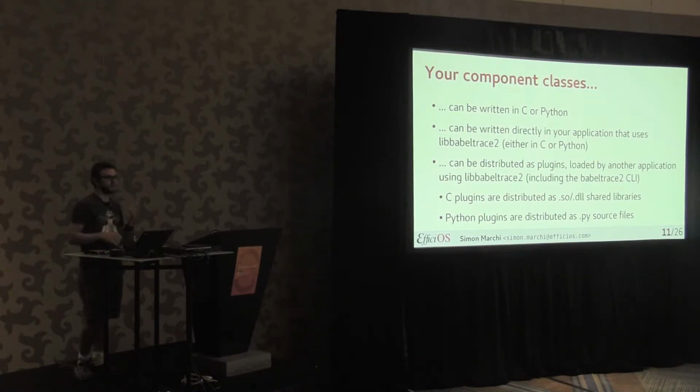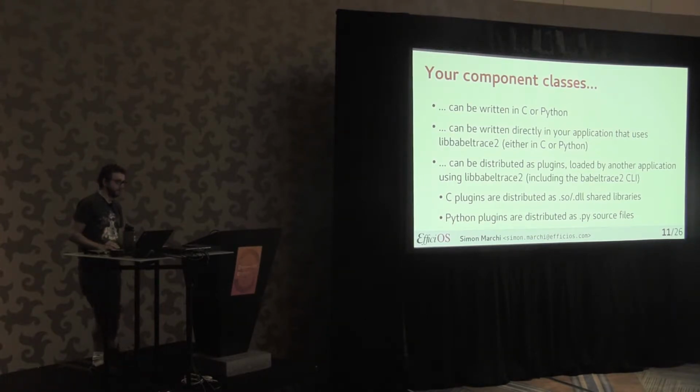So let's say I have a main.c or main.py that uses libBabeltrace 2. I create my own graph. Then I can just write in the same file the implementation of my component class that reads my trace file, and then call graph.add component with this component class that I just defined. So it's just one file, it's easy.